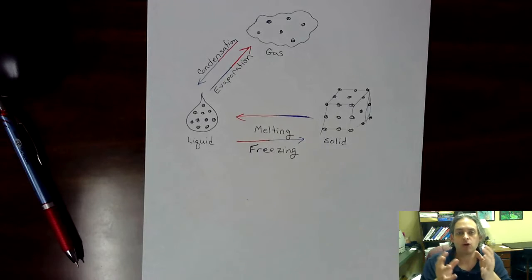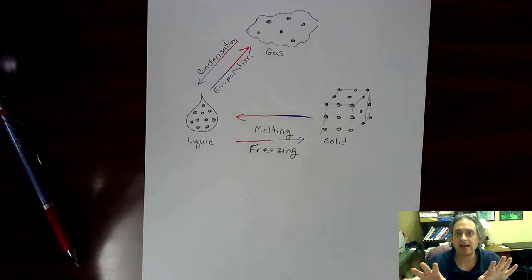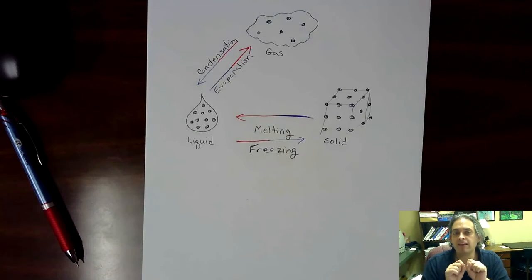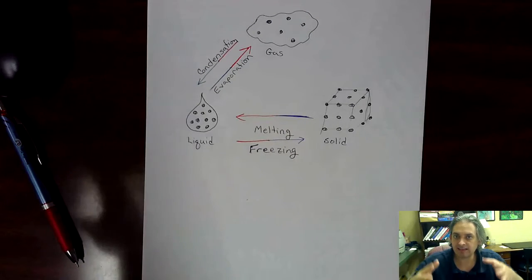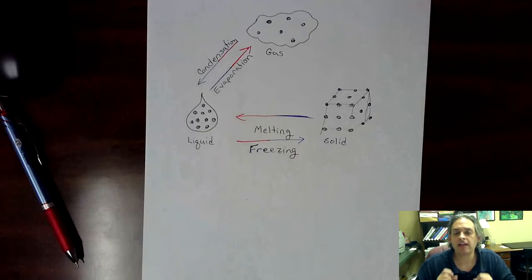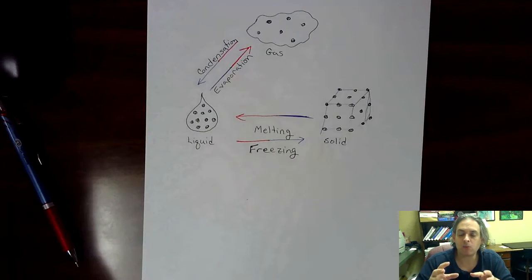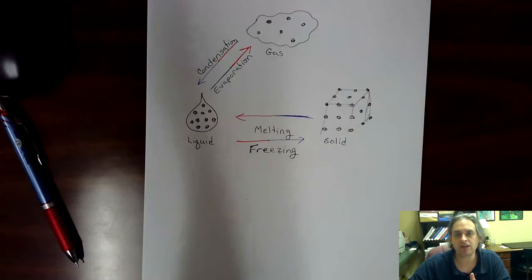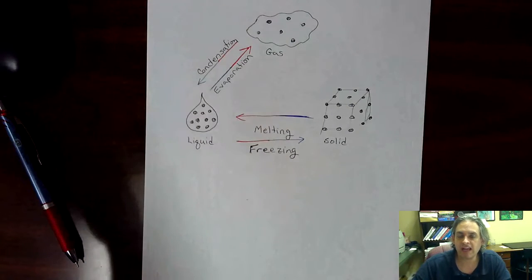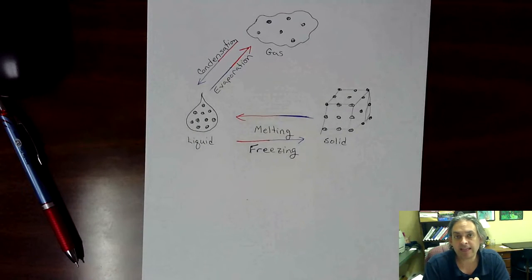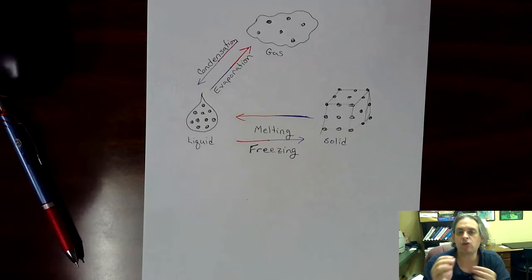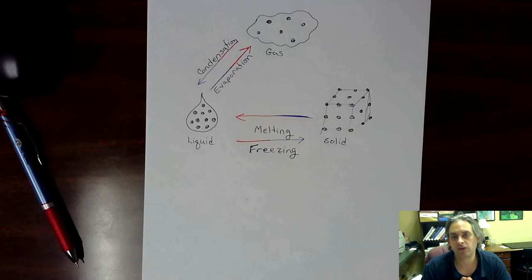Those water molecules hit the sides of the wall, and rather than going anywhere, they cool off because the container wall is colder. When it hits the side of the wall, it transfers some of its energy to the wall, slows down, cools off, and then ends up getting attracted to other molecules that are really close by and condensing into liquid. And so you end up with little droplets of water on the walls of the container.